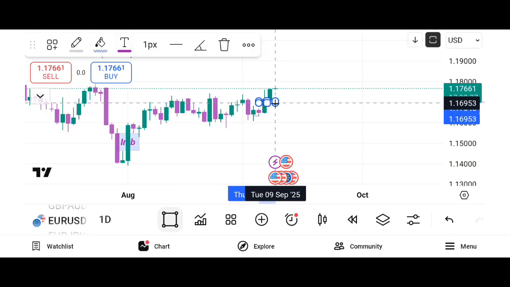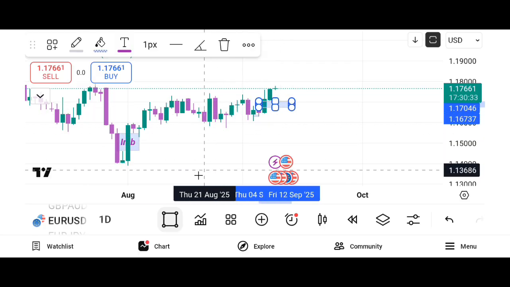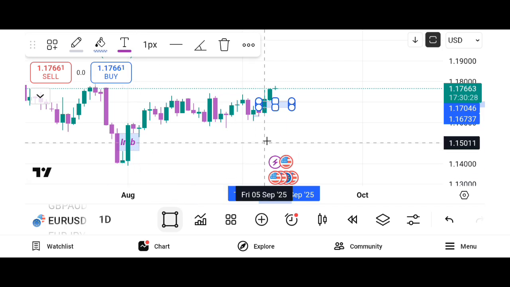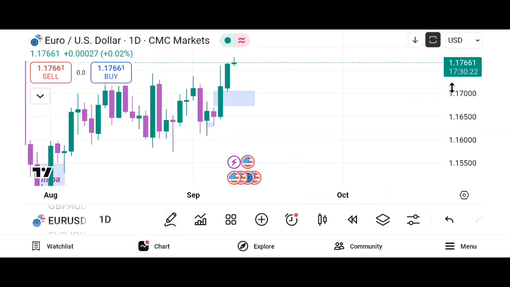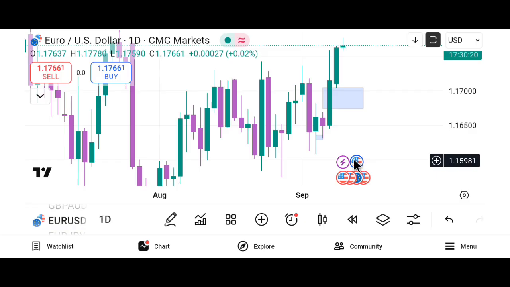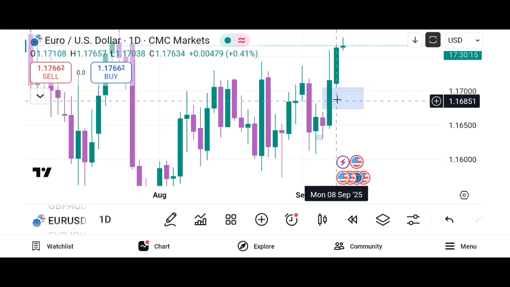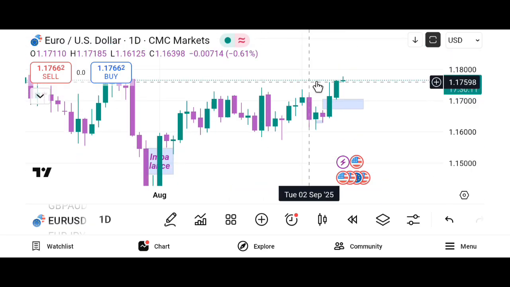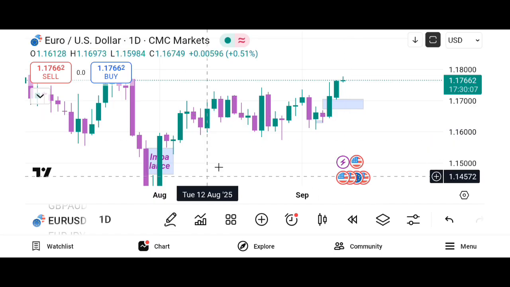You have this and this. Market is likely to come down to fill that fair value gap. You have this and this. Market is likely to come down to fill it because price doesn't like leaving inefficiencies.